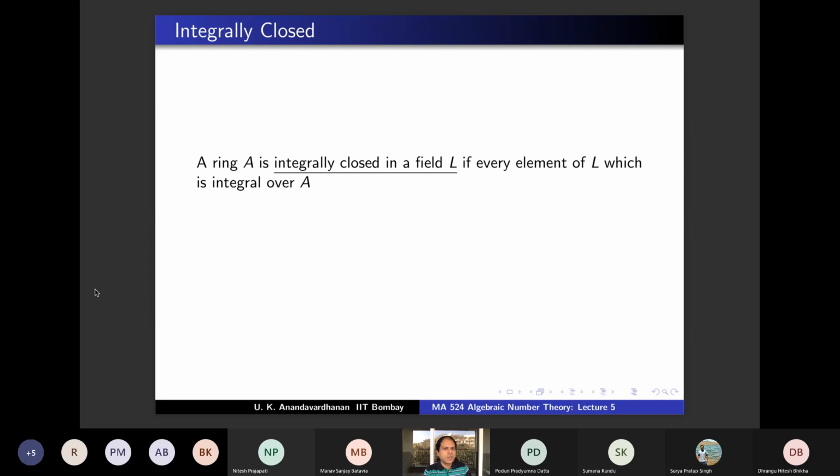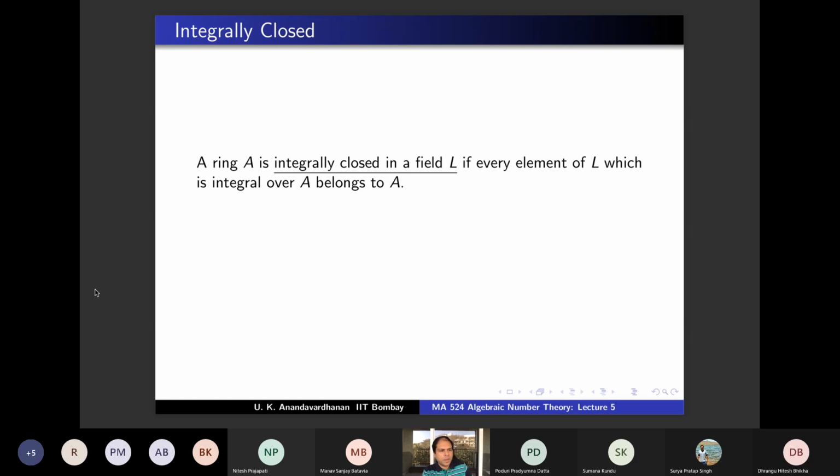Integral closure. So what we are saying is all those elements in the integral closure are actually in A. A is certainly contained in A bar, where A bar is the integral closure of A, because you can take x minus a, the linear polynomial. Now if A bar equals A, then you say that A is integrally closed.